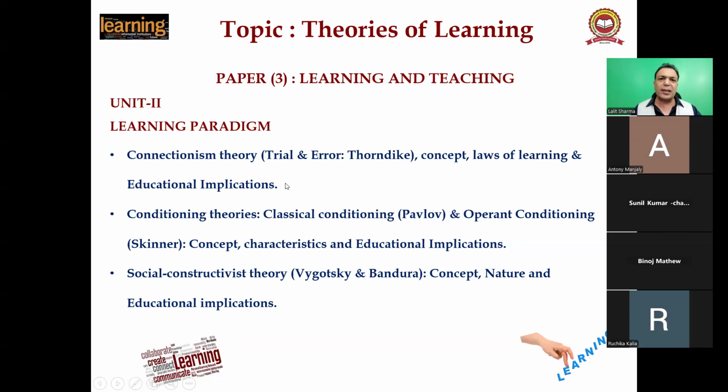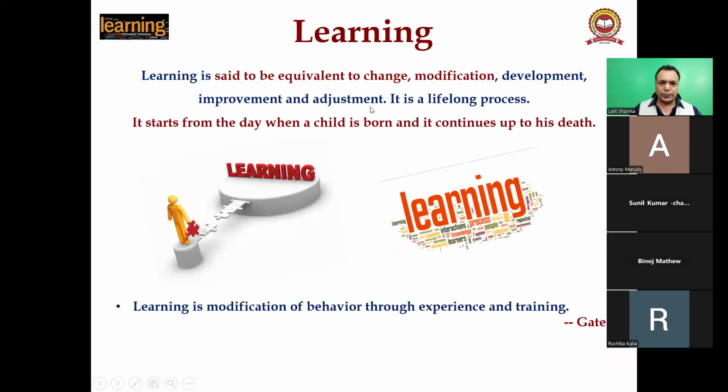So guys, these are the important questions which you have to remember. And these 2 theories always come in the exam, right? Trial and error theory and classical conditioning theory. Okay. So first of all, I just want to discuss a little bit about learning. What is learning? Everybody knows because in the previous lecture we have done it. Learning is said to be equivalent to change, modification, development, improvement, and adjustment.